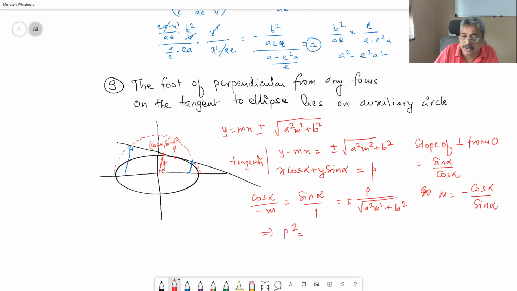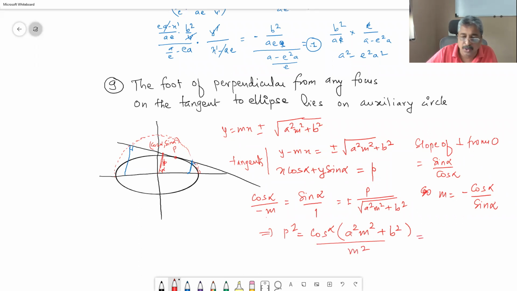Squaring these two and cross multiplying, we get cos square alpha into a square m square plus b square upon m square. This is the value of p square.